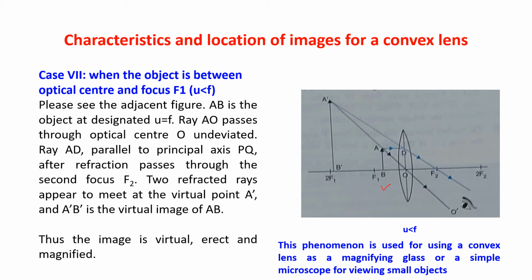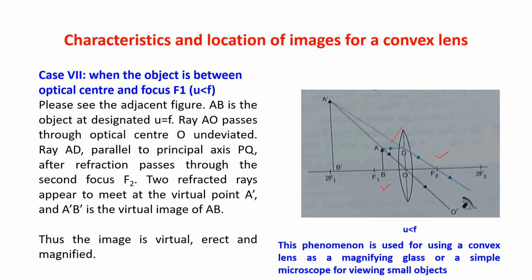Consider AB as the object, which is in between focus f1 and O. For that, we have to take two rays for the image formation. One is ray AD, which is passing parallel to the principal axis. Naturally, it will go through the focus f2. Another ray we will consider will pass through optical center O, and it will pass undeviated.